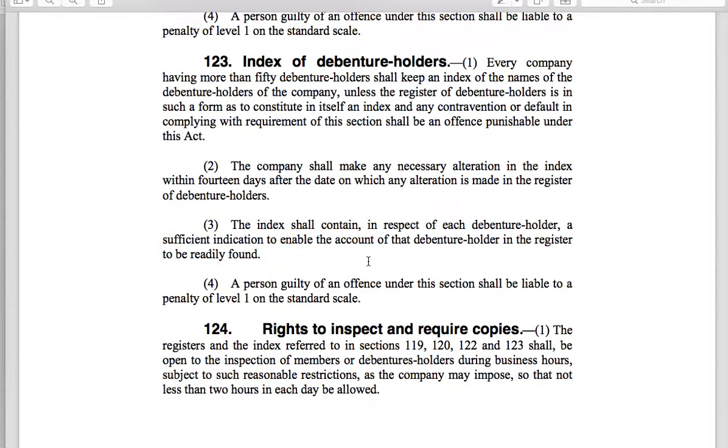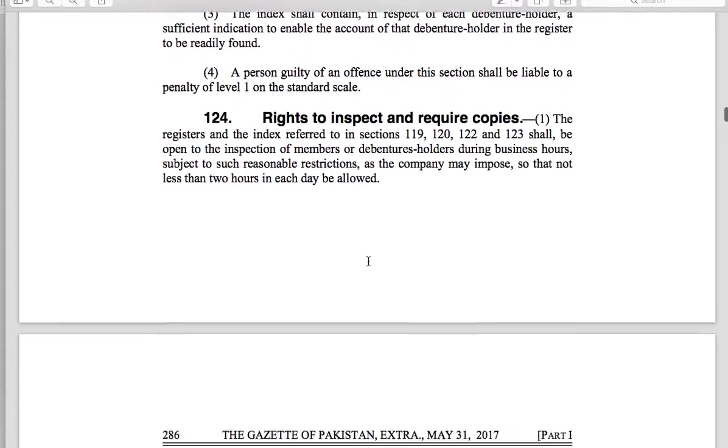There are a few forms recently issued according to the rules and regulations: forms 41, 42, 43, and especially form 45, which has to be filled online regarding these UBOs, ultimate beneficial owners.